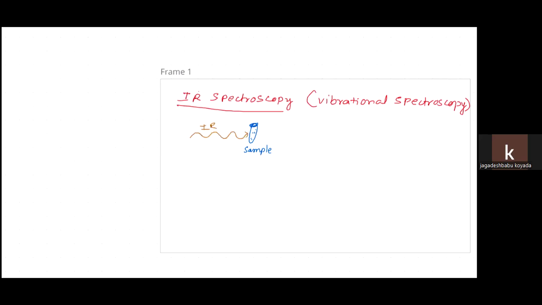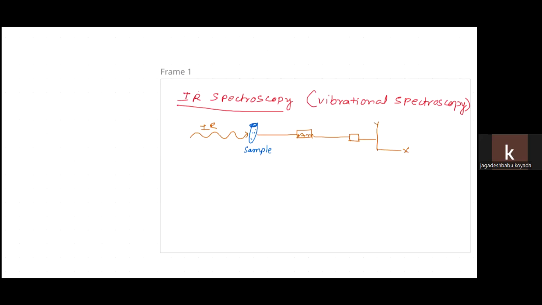The absorption takes place, and the rest of the energy passes through to the amplifier. Then it converts light energy into electrical energy, and the detector produces a graph. This is a two-dimensional graph, with x-axis and y-axis.